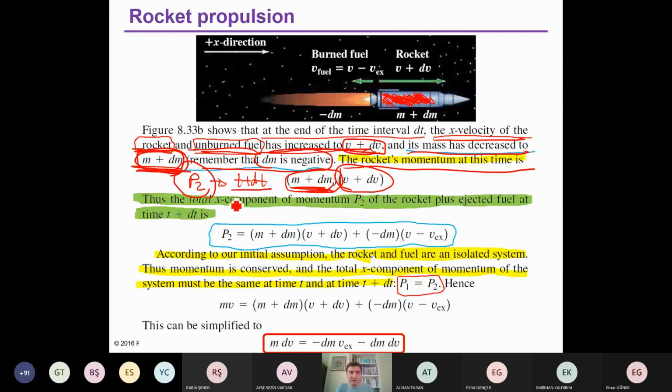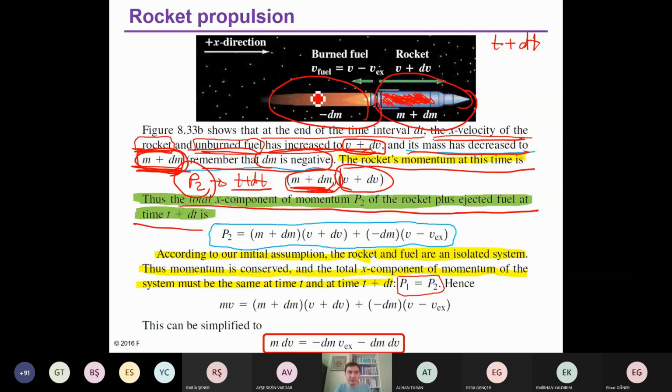So the total x component of momentum P2 of the rocket plus ejected fuel at time t plus dt. When the time is t plus dt, we have the momentum of the rocket and the momentum of the ejected fuel.